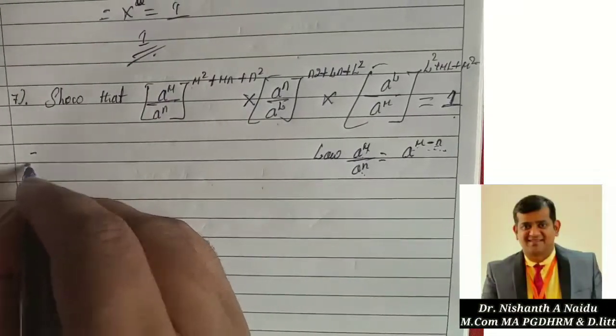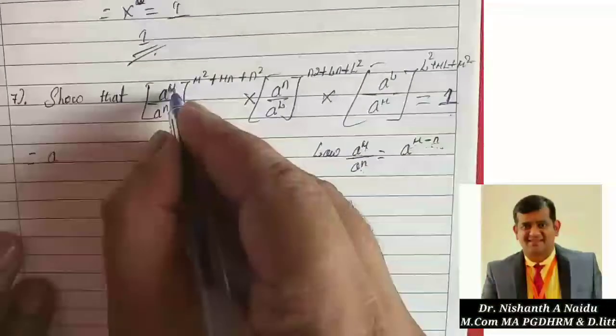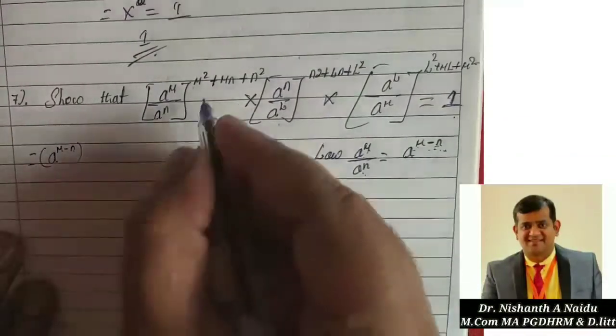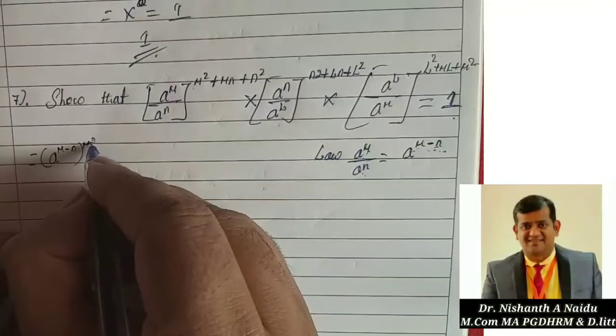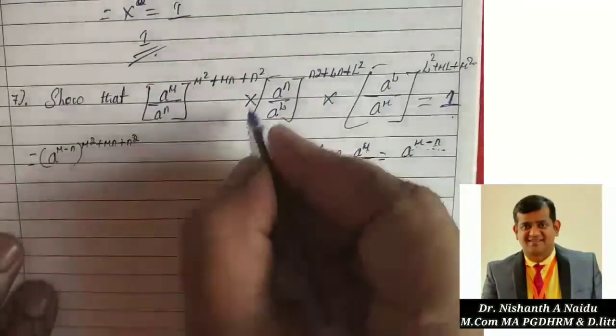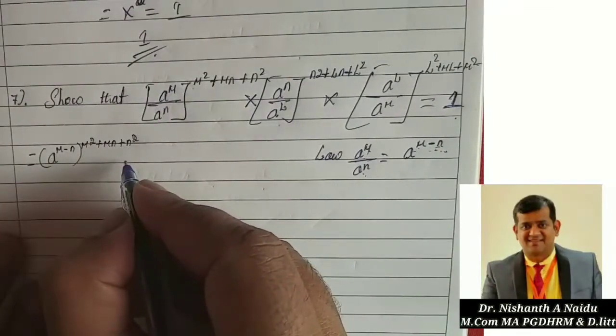So now look, that equals a to the power m minus n whole power, write down now, m to the power 2 plus mn plus n to the power 2. Then into, right?